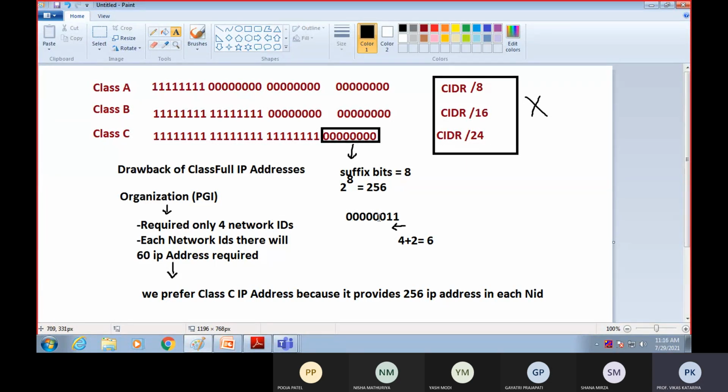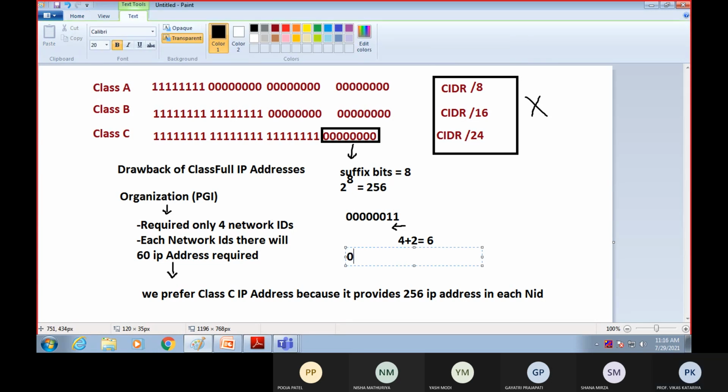If we set the 3 rightmost bits, it provides 2 raised to the power 1 plus 2 raised to the power 2 plus 2 raised to the power 3, and 2 raised to the power 4, 5, 6, 7, 8 in this way. So in order to calculate, we take the 8 bits: 1, 2, 3, 4, 5, 6, 7, 8.